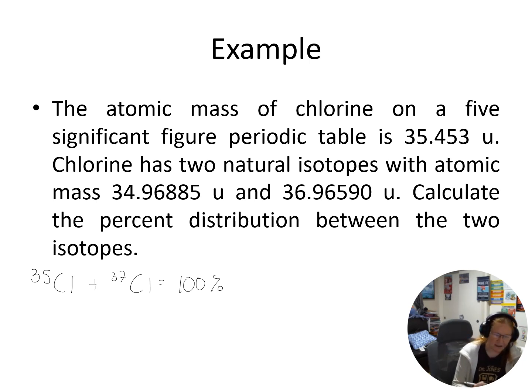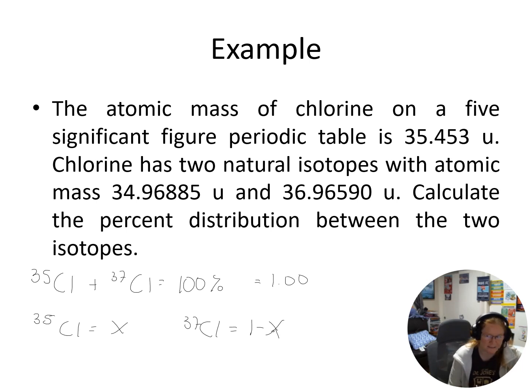Okay, and so I can say that my chlorine 35 is equal to X. Well, if chlorine 35 plus chlorine 37 is equal to 1, chlorine 37 then needs to equal 1 minus X. So if I have X and 1 minus X, can I solve? Yeah. So we can set up some algebra here.